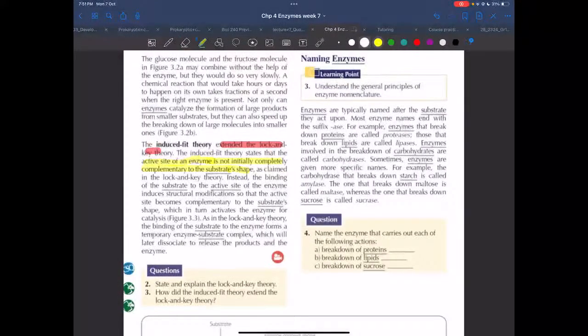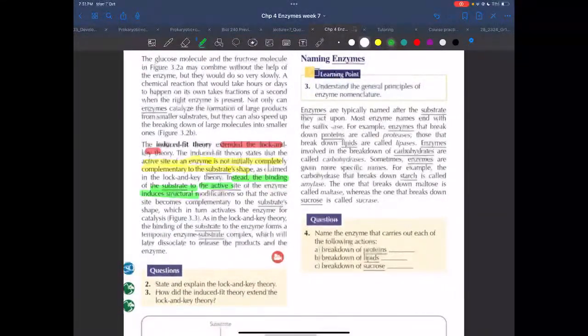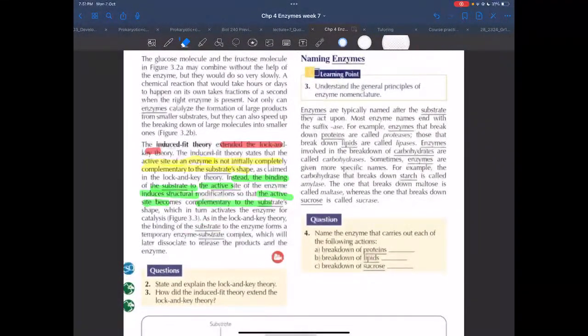So here, look what it says. It says, instead, the binding of the substrate to the active site of the enzyme induces structural modifications. So we have a change in structure, but minor, which changes the active site to make it complementary to the substrate. And then again, they will form an enzyme substrate complex once they bind to each other, and then they will release it into products.